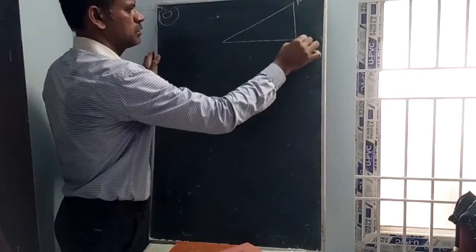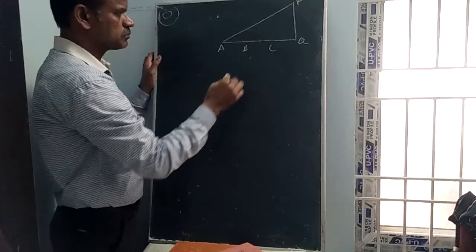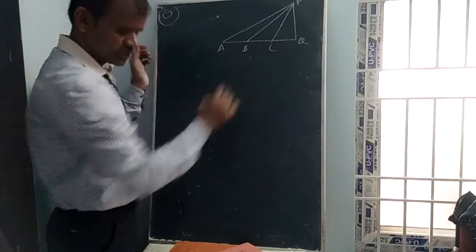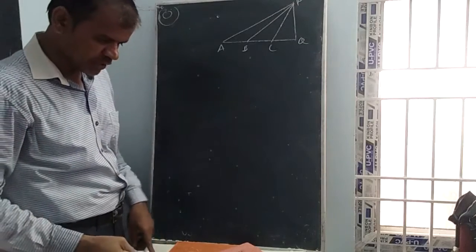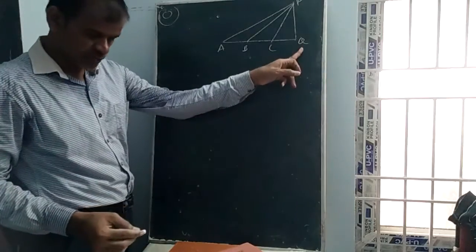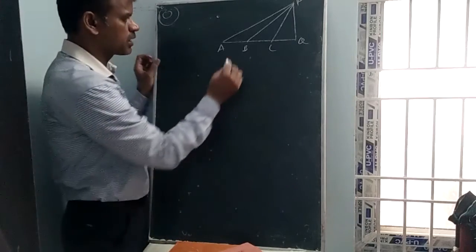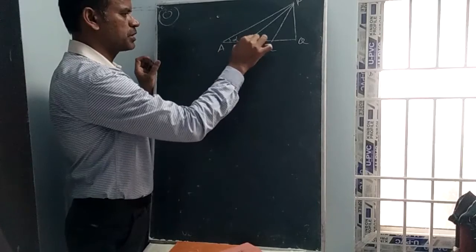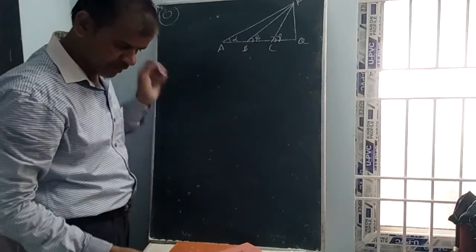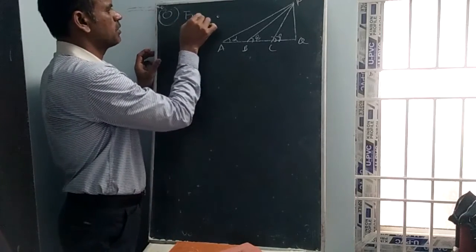This is P, this is Q, this is A, this is B, this is C. From A it is alpha, from B it is beta, from C it is gamma.